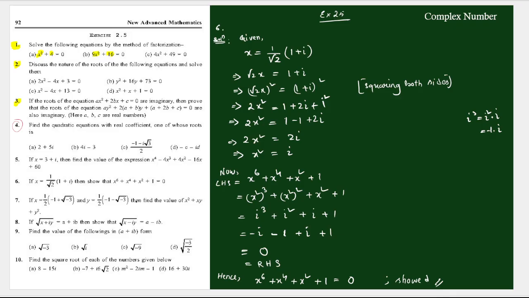After that, x square, take its square. You get y square and xy, a square plus a square minus b square.